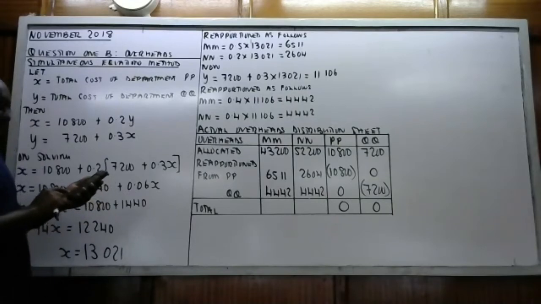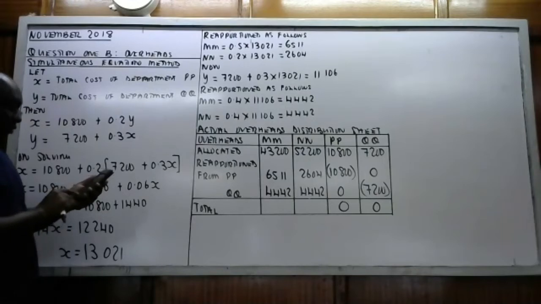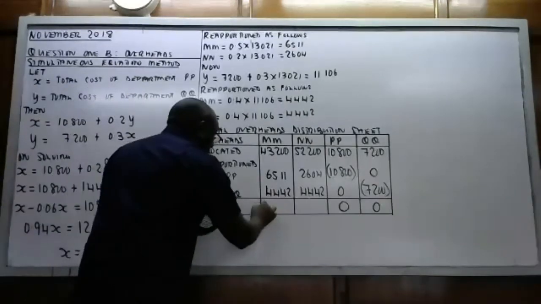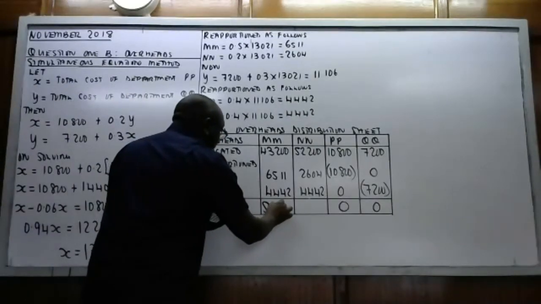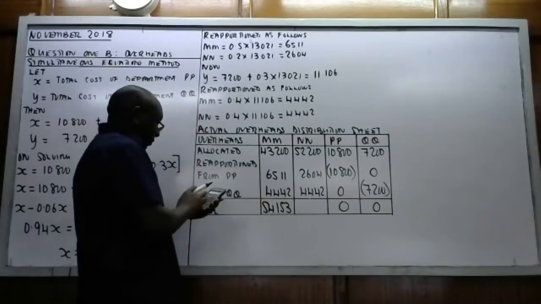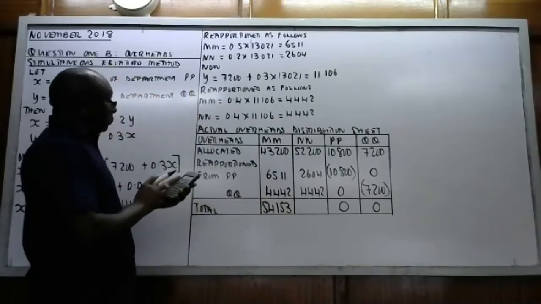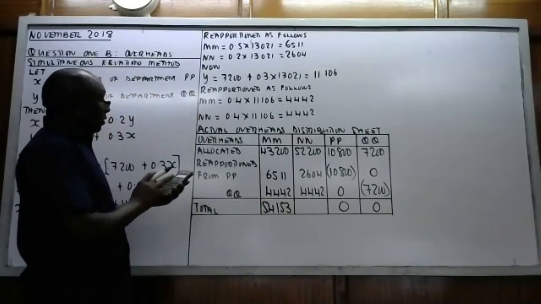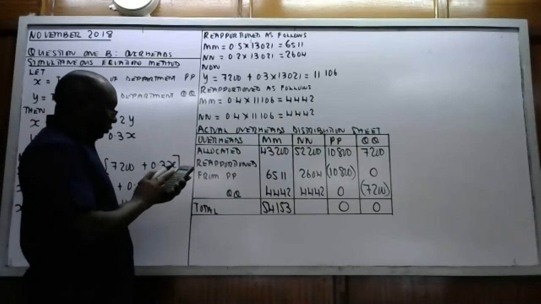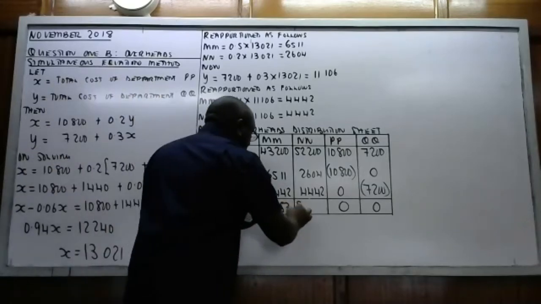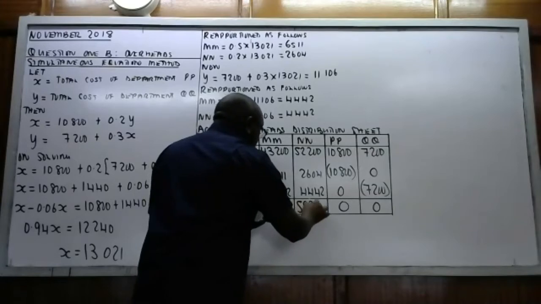So 43,200 plus 6511 plus 4442 is 54,153. 52,200 plus 2604 plus 4442 is 59,246.